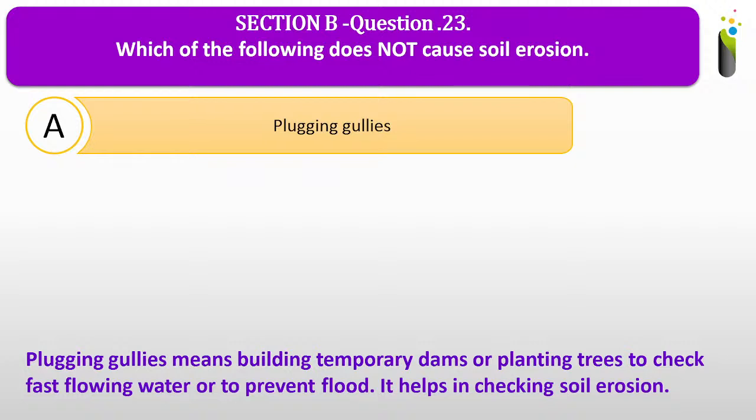It helps in checking the soil erosion. It does not cause soil erosion. Okay? So I hope those who went wrong did understand why the correct answer here is A, that is plugging gullies do not cause soil erosion.